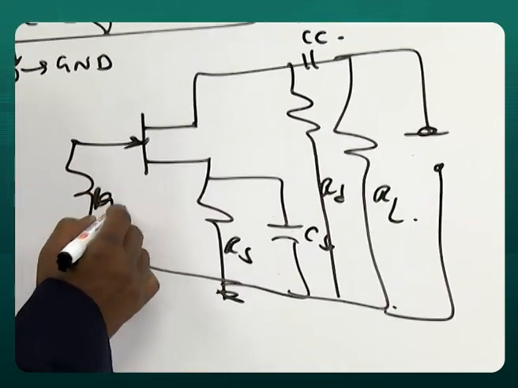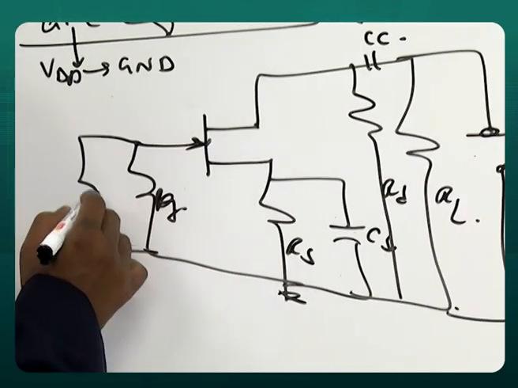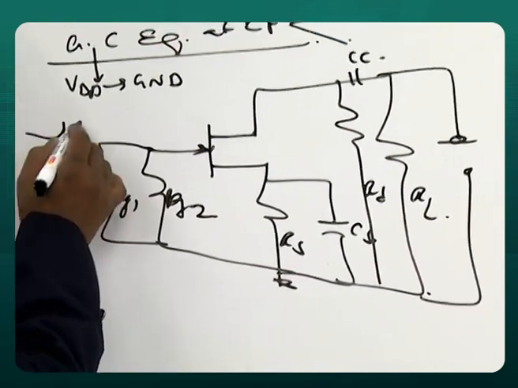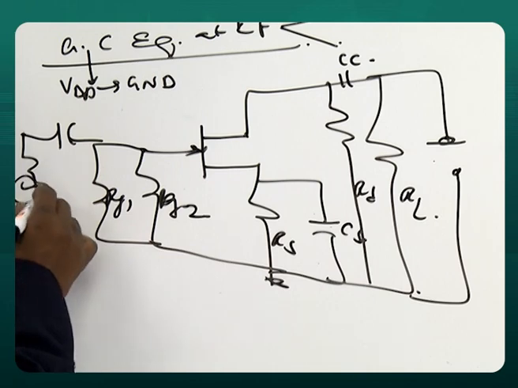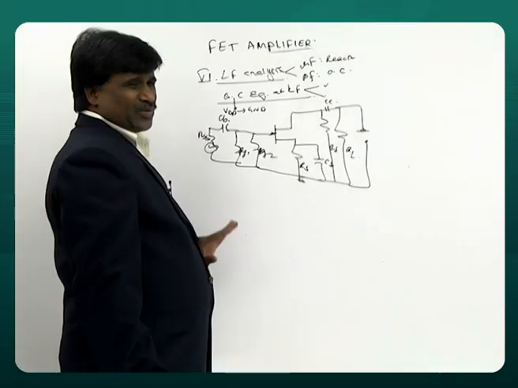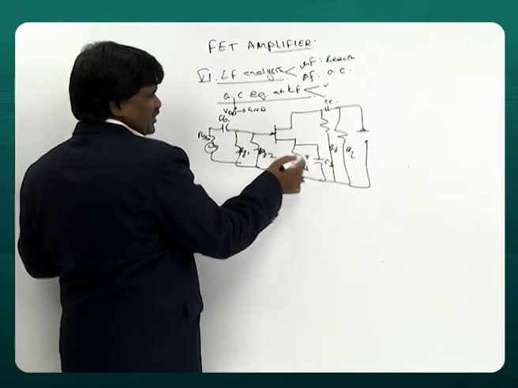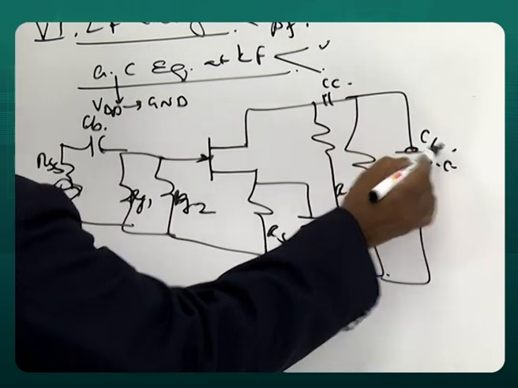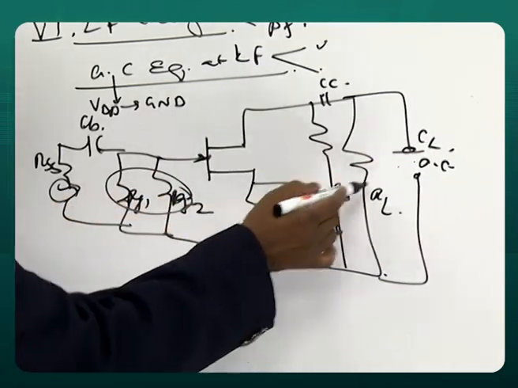RD here, RG1, RG2. All capacitors come into picture. So please look at here. This is micro, this is micro, this is micro available. This is pico, open. This is parallel, this is parallel.